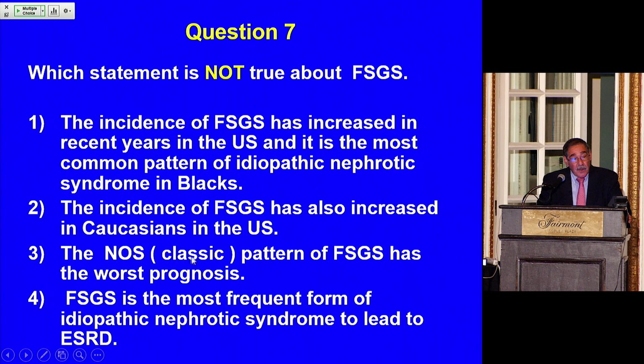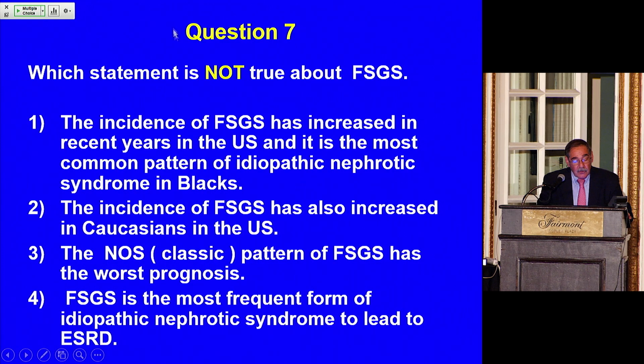The not otherwise specified classic pattern of focal sclerosis has the worst prognosis. Focal sclerosis is the most frequent form of idiopathic nephrotic syndrome to lead to end-stage renal disease. Which is not true? You don't usually get knots on board exams, by the way, but I can give you more data if I put knots in here.